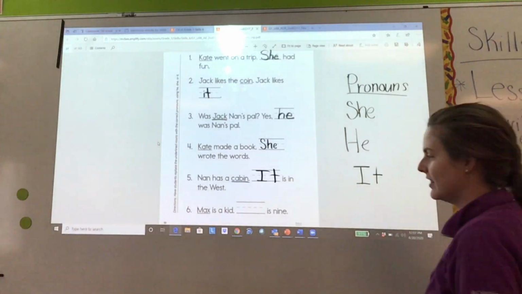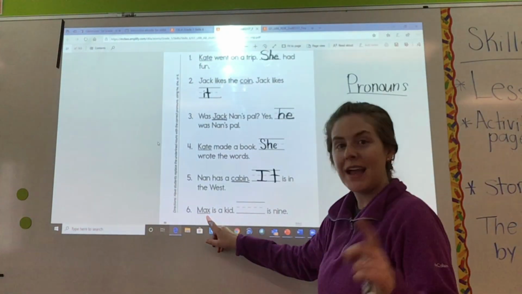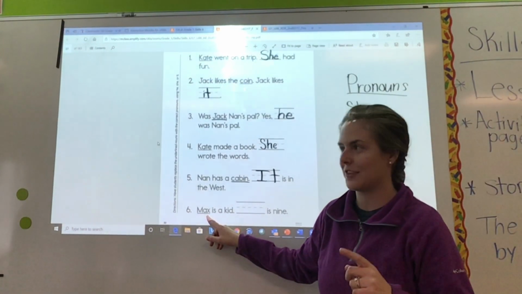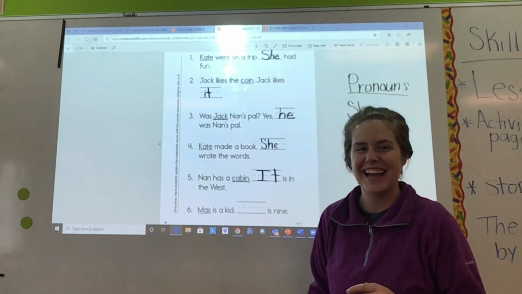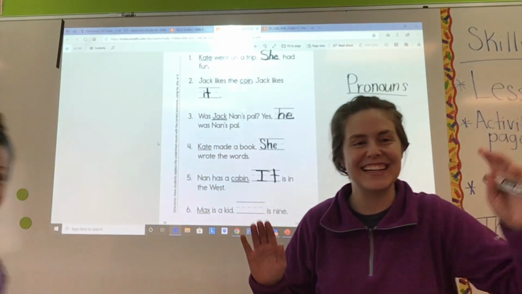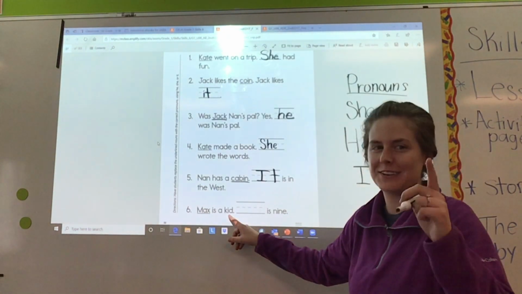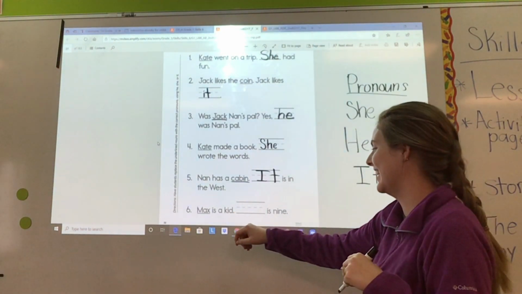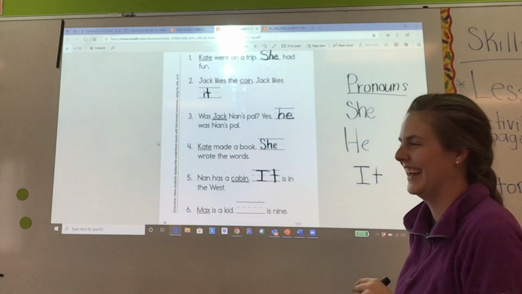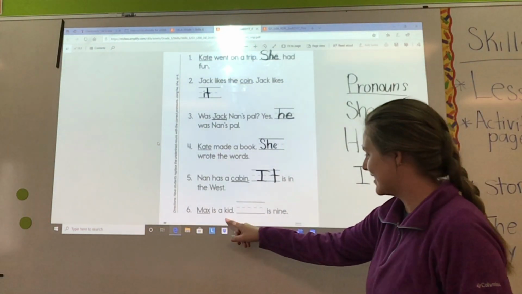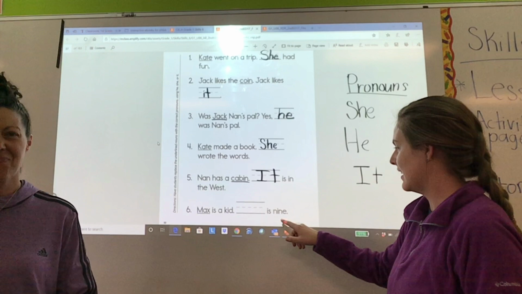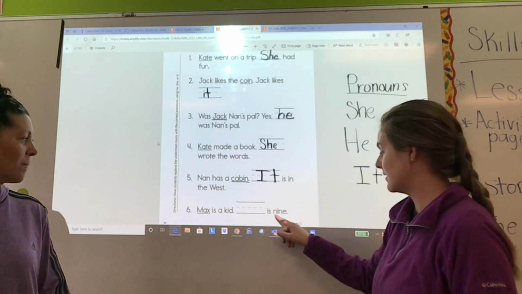And last but not least, Max is a kid. I know him. I think he's a 3rd grader. He might be 9. Max is a kid. Milo, you're gonna get a kick out of that. Max is a kid. Blank is 9.